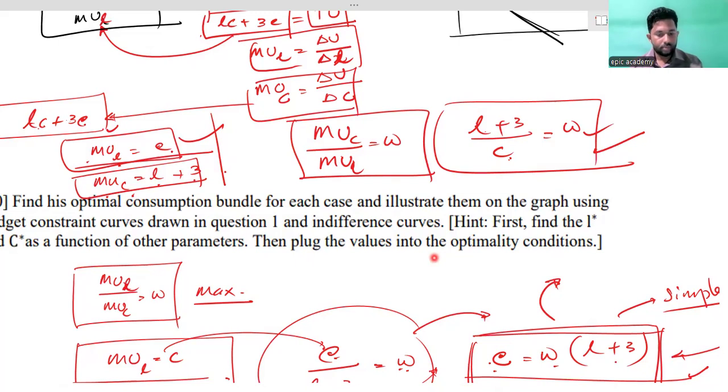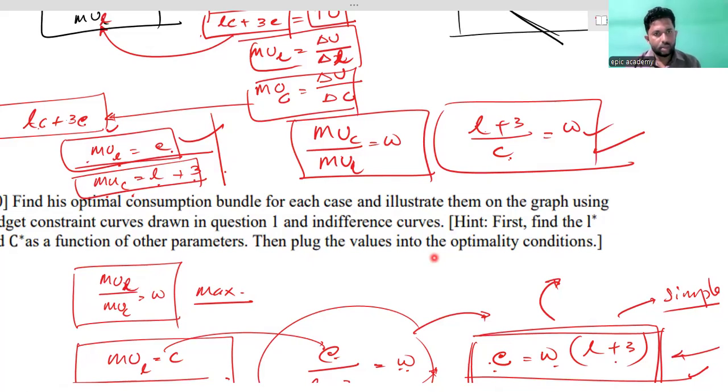Question number 1, indifference curve. In question number 1 also we already did the calculations for the budget line, the three types of budget line, the three cases.